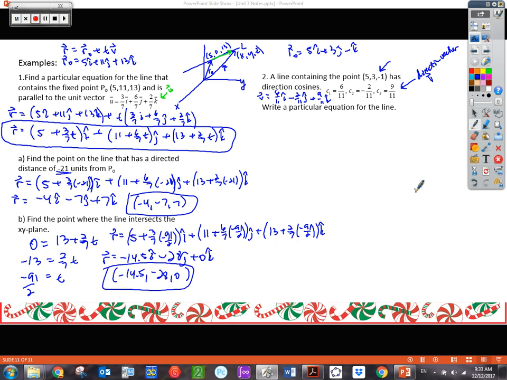So to write our equation for the line, we just need to pull those things together. Vector r is going to be our r naught, which is 5i plus 3j minus k, plus t times our direction vector, which is 6/11 i minus 2/11 j plus 9/11 k.